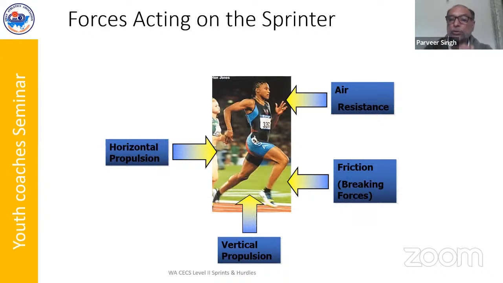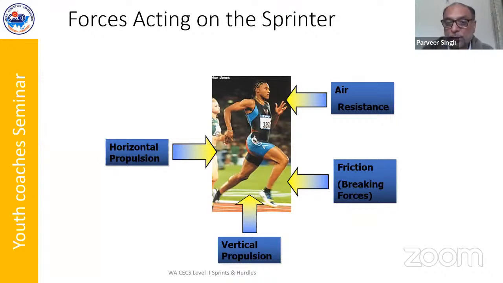When the runner is exerting force against the ground, there are two components of force, one horizontal and another vertical, and the resultant force is forward movement of the athlete, but the center of gravity is also moving up and down during the sprint.